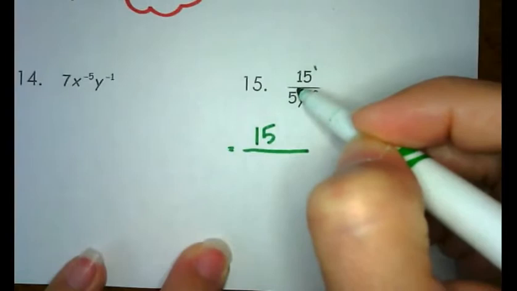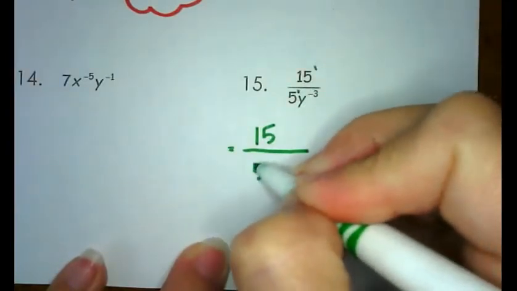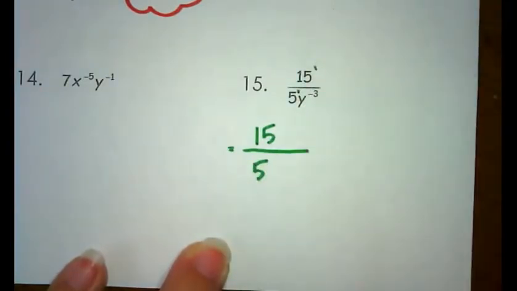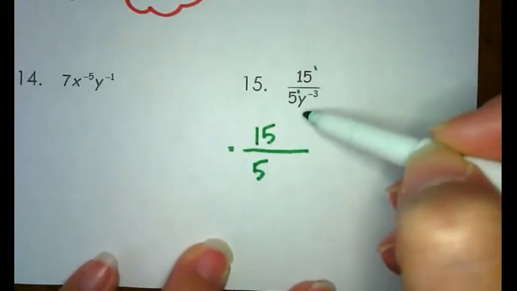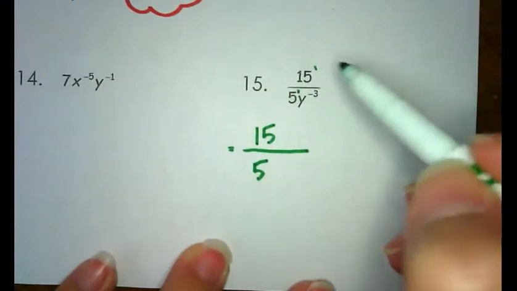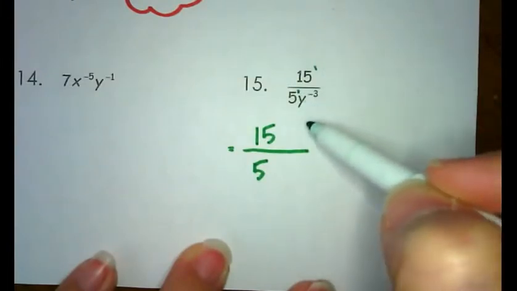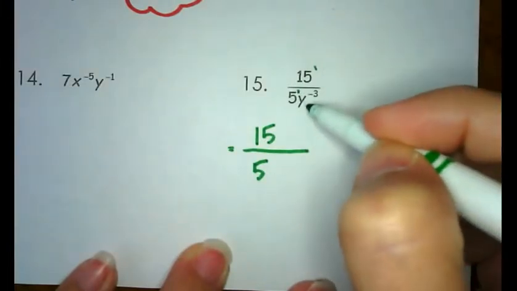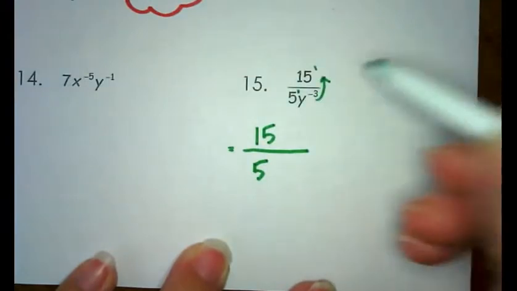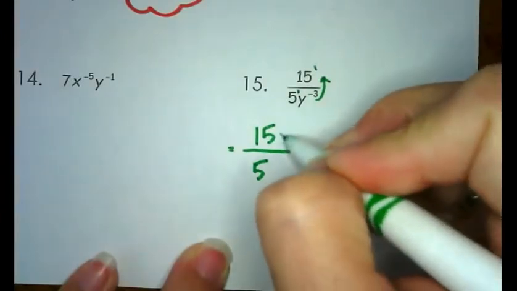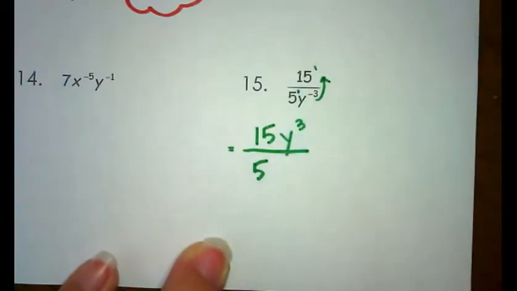This would be 5 to the first. So he's happy where he is in the denominator. Then we go to the y, and we have y to the negative third. And this guy is unhappy, so we need to move him. So here we go. He's unhappy in the denominator, which means we're going to move him to the numerator.